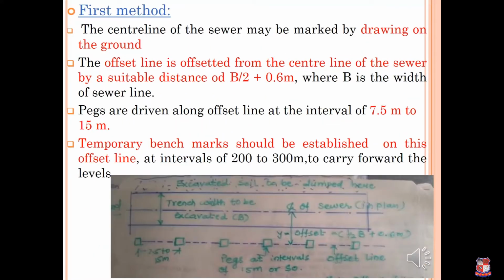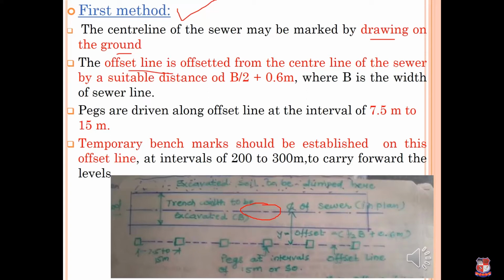Now for the setting out method, there are 2 methods used. In the first method, the center line of the sewer is marked from the drawing on the ground. Here in this figure you can understand this is the center line of the sewer which is shown in plan, and as per that it is marked on the ground. Then after, the offset line is offset from the center line.